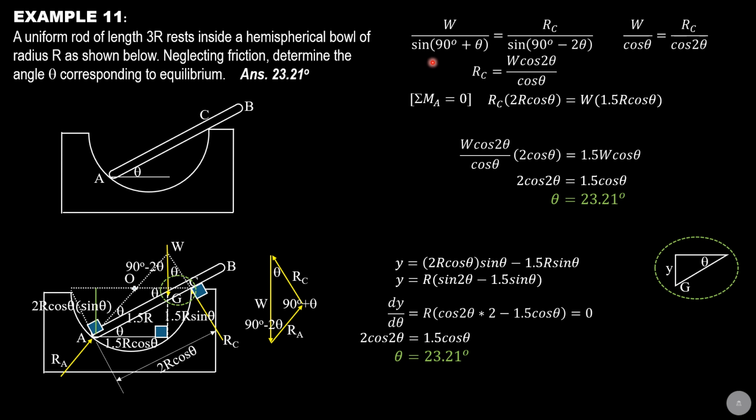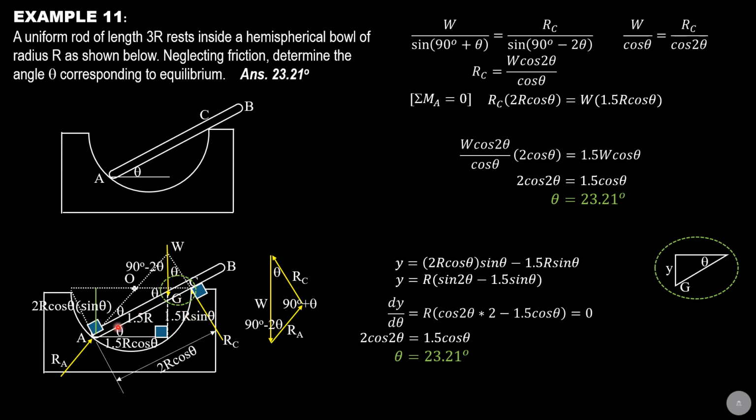While sine of quantity 90 degrees plus theta, if expanded, is sine 90, which is 1, times cosine theta, plus cosine 90, which is 0, times sine theta. So that's 0. So this is simply cosine theta. So W over cosine theta equals R sub C over cosine 2 theta. R sub C therefore is W cosine 2 theta over cosine theta.